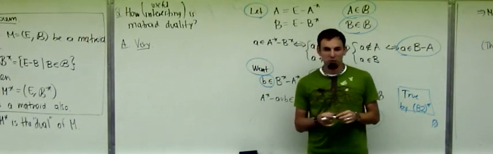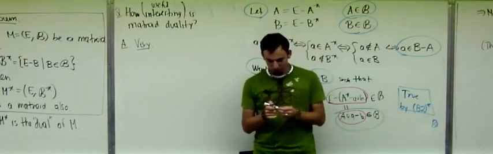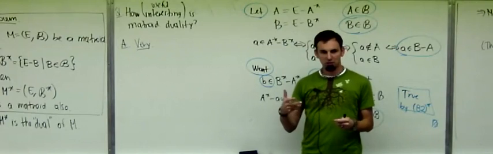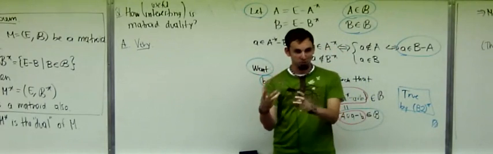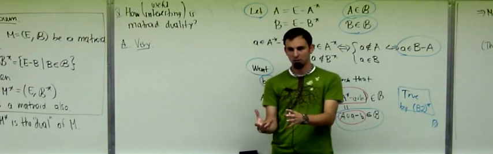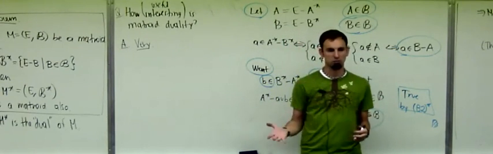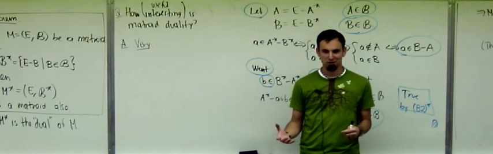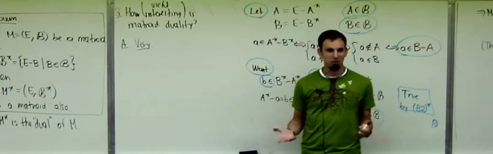What about vector space duality? Vector space duality is a pretty fundamental notion, and you know that if you have a vector space and you have a subspace of it, then that subspace has a kind of a dual, which is what? The natural.